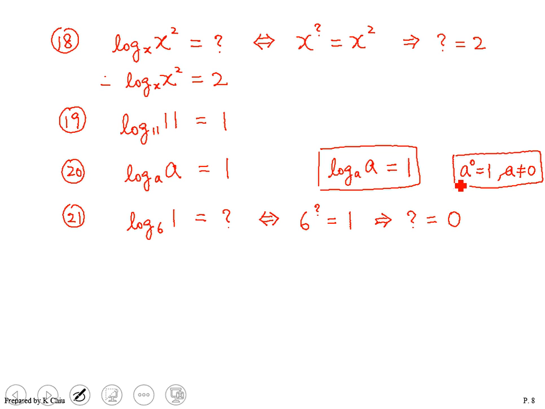So let's answer the question. Log 1 with the base 6, what would that be? Equals 0. How about log 1 with the base a?